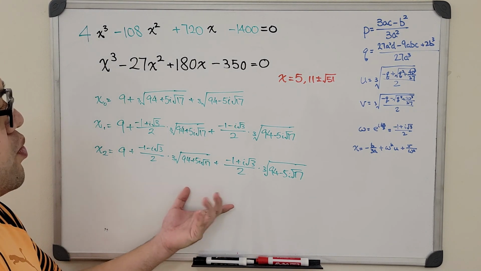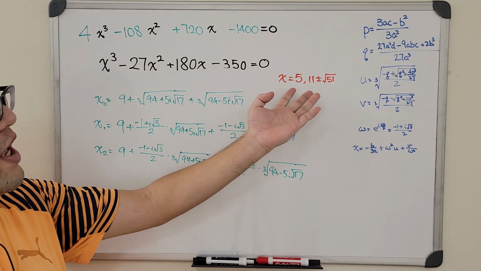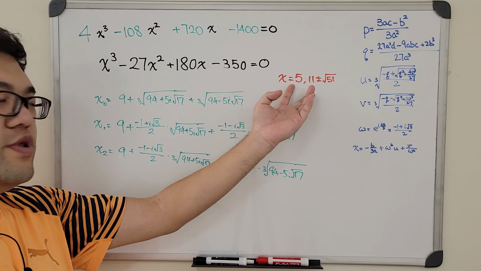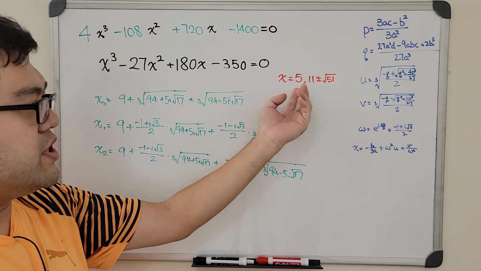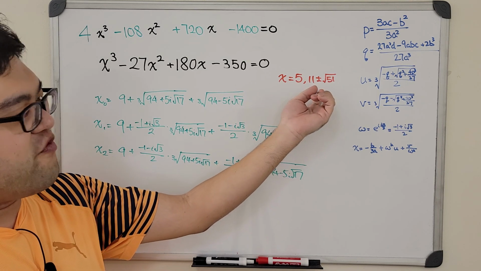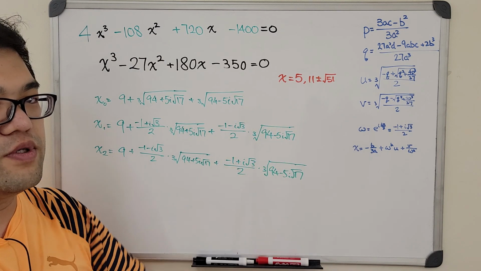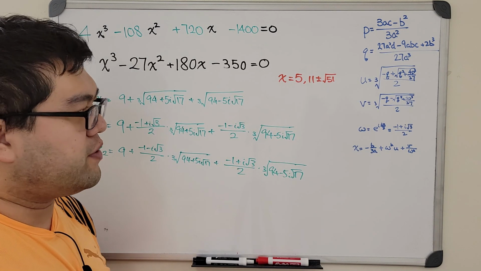But now you may ask, wait a second, if we use the factor theorem, we can actually get the answers so nicely and easily. We just end up with the integer 5 and even some fairly nice expression, 11 plus or minus just a square root of some integer, 51.